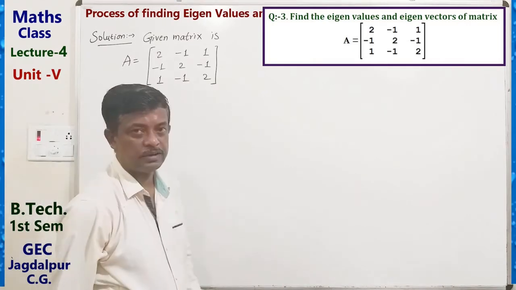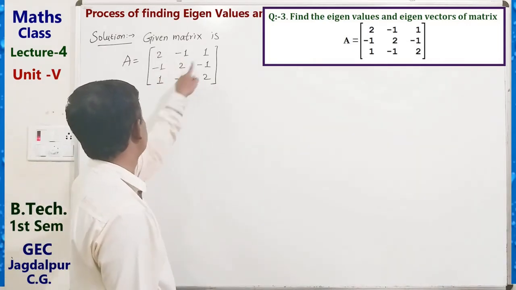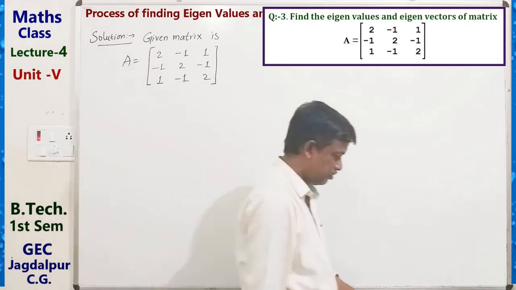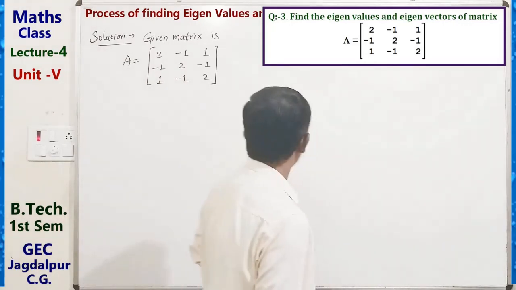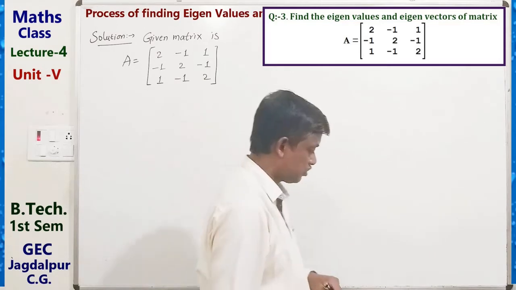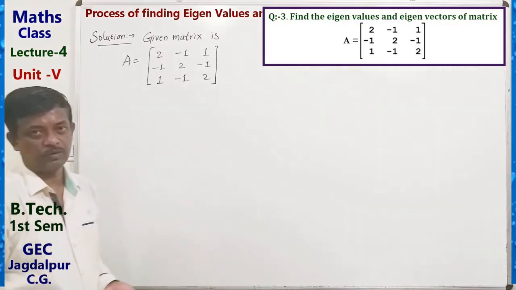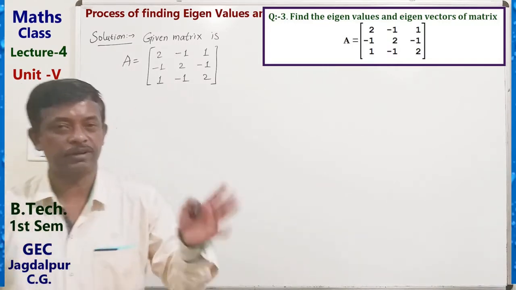See here, that is a symmetric matrix. This is the given matrix. We have to find eigenvalues and eigenvectors, symmetric matrix.